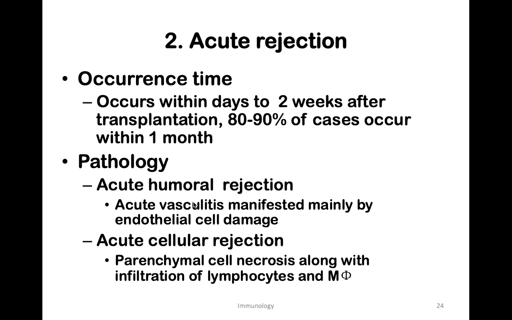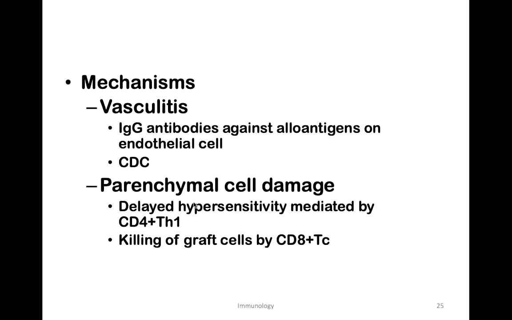They cause damage to the cells of the blood vessels. In the beginning there is some blood vessel formation to a smaller extent, and then the acute rejection response takes place, and you have destruction of the cells. The mechanism, vasculitis, means IgG antibodies against alloantigens on endothelial cells. Then you have CDC, that is complement dependent cytotoxicity.